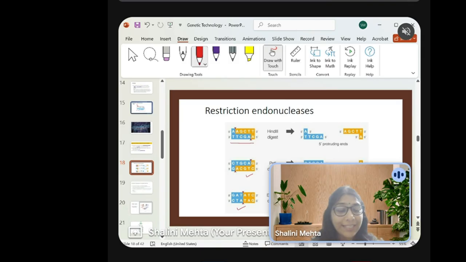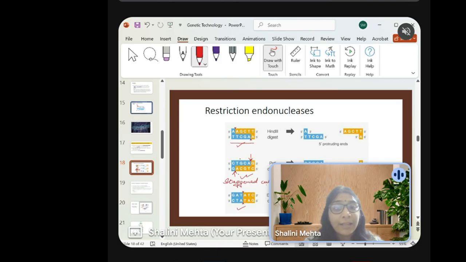As you can see, the cut made in the DNA molecule, in this case as well as in this case, is not the same on the two strands. One is made over here, another one over here. Why? Because these types of cuts are called staggered cuts, that means at different positions on the two DNA strands.